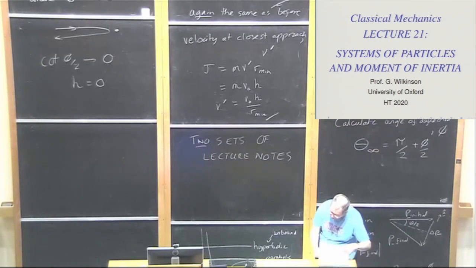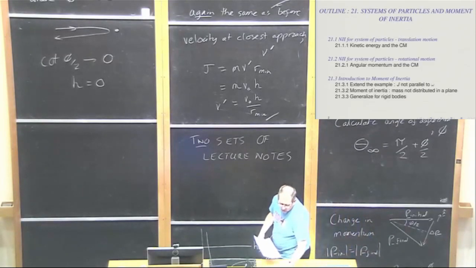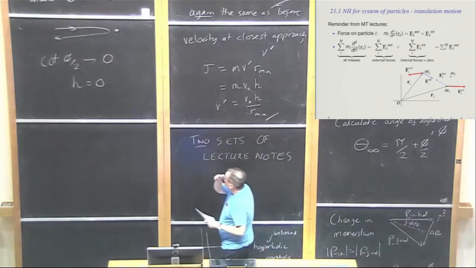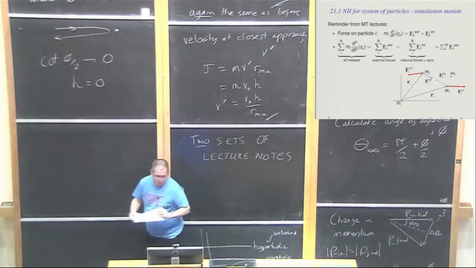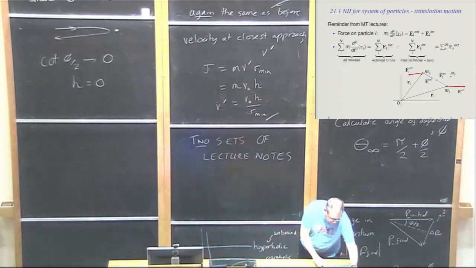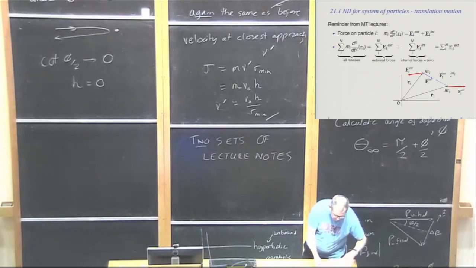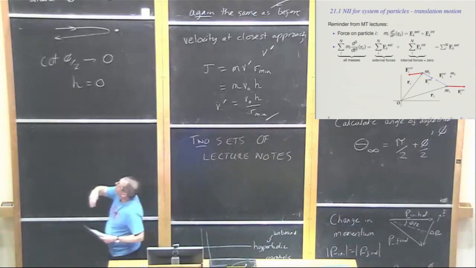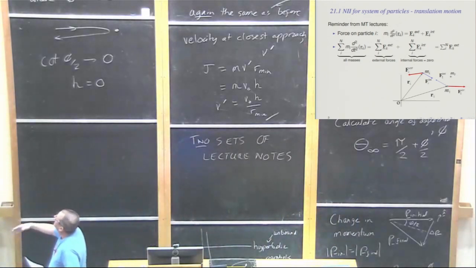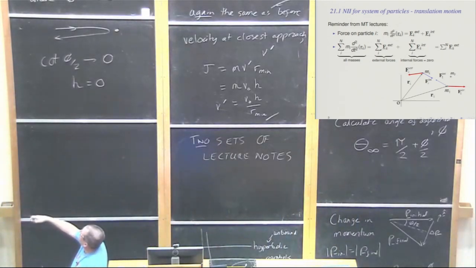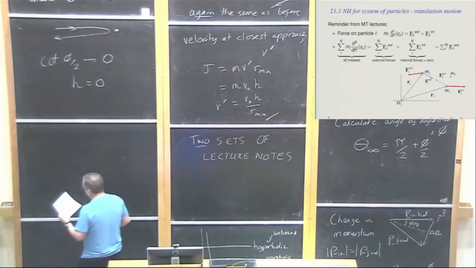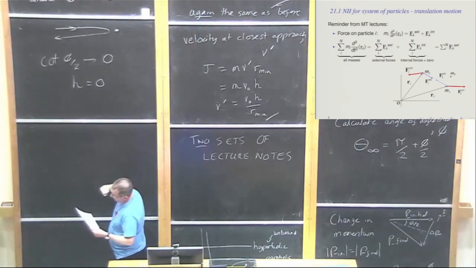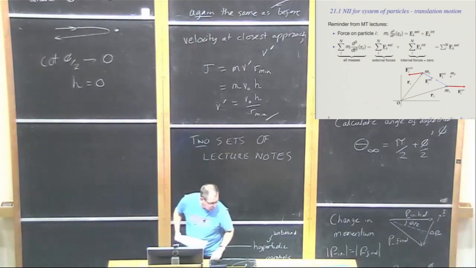So this will begin with a little bit of revision from what you should have done last term. We're going to be writing down familiar things, Newton's second law, kinetic energy and such like for systems of particles, and show how these relationships simplify. Okay, so this I hope is a revision, but let's go through it nonetheless.